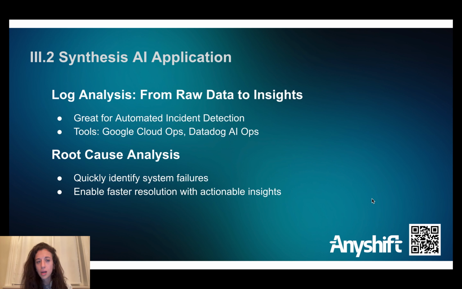You analyze a lot of information, hundreds, thousands, millions of logs, but you will be able to find the needle in the haystack because those AI models are very good at finding patterns. And so even better, for instance, Google Cloud Ops and Datadog AI use that for root cause analysis. Synthesis AI is going to be amazing at finding patterns between heterogeneous sources of data.